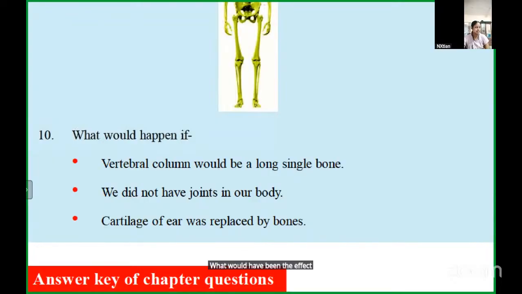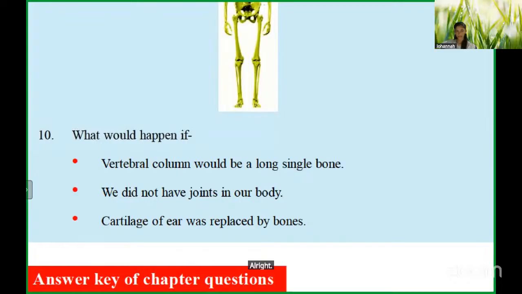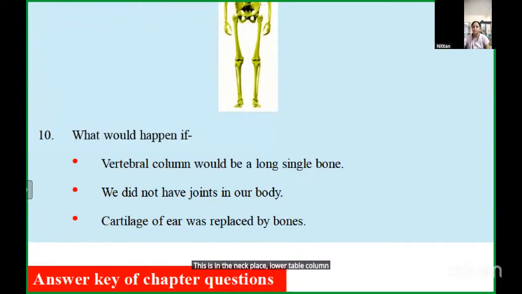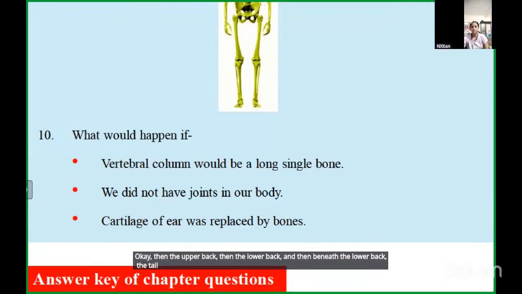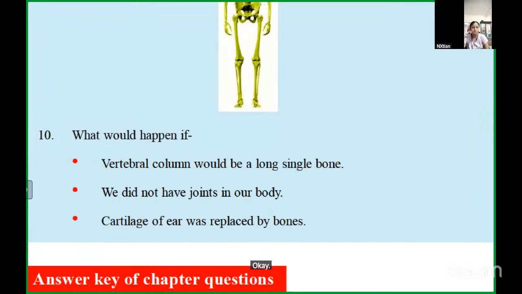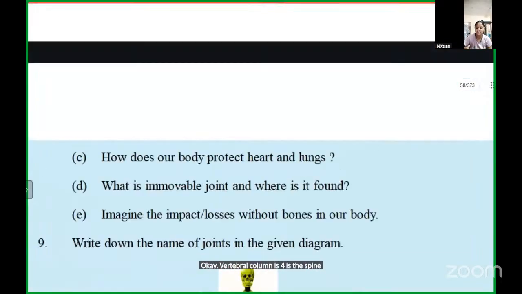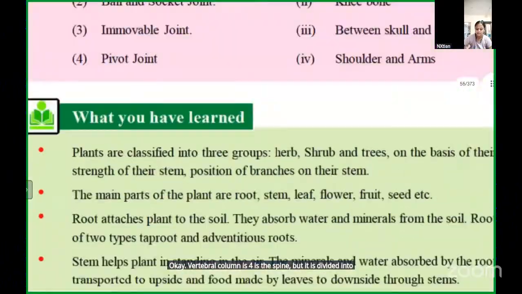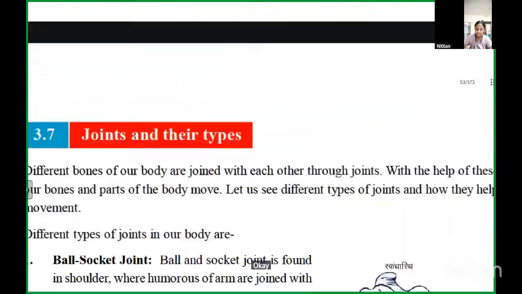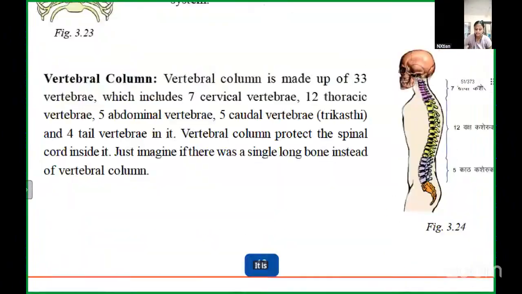Anyone? The vertebral column has four parts: the neck, then the upper back, then the lower back, and then beneath the lower back, the tailbone. The vertebral column is the spine, but it is divided into four parts.